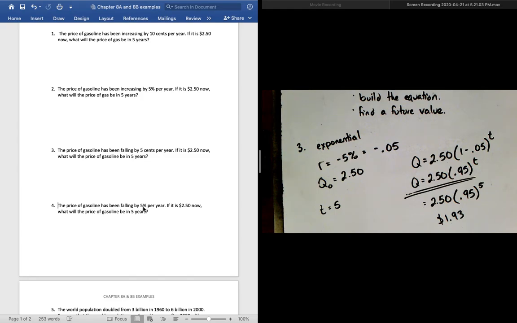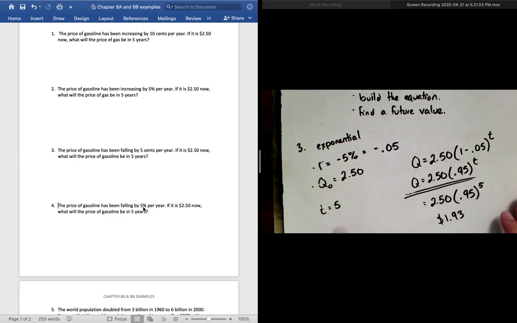So these are our examples of linear and exponential growth. Remember, the key things that you want to do is identify how are things growing or decaying. Are you growing by a percentage? Are you growing by a constant amount? That will allow you to differentiate between linear and exponential. Each model, whether it's linear or exponential, has two important pieces of information for you to grab. The rate of change, which in the exponential model is r.